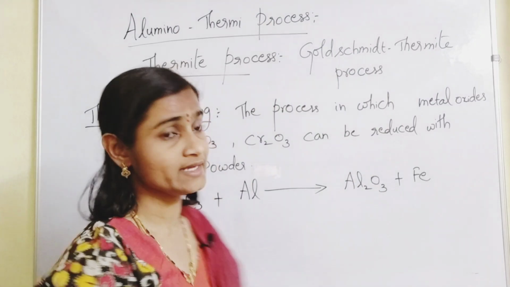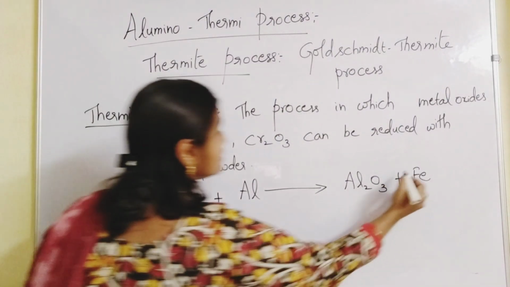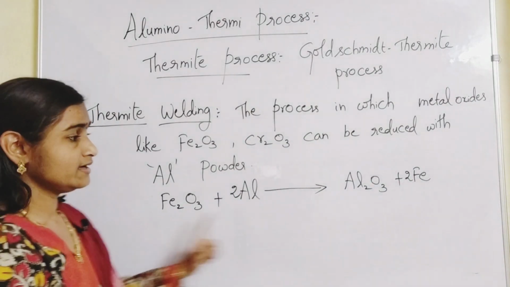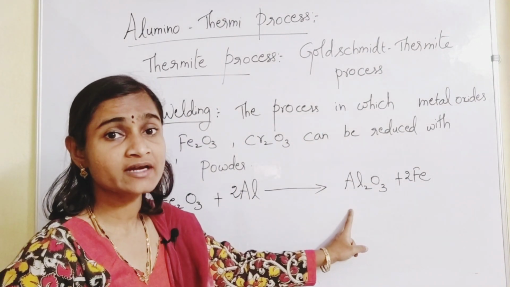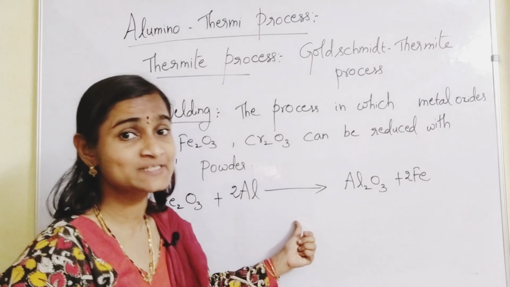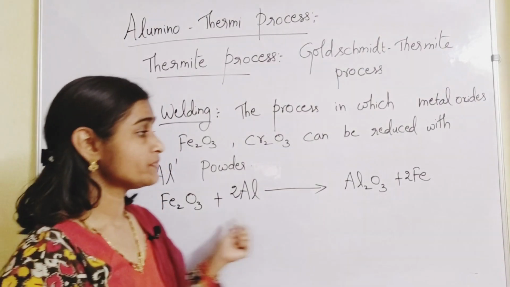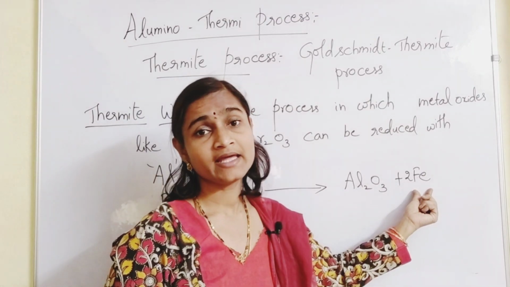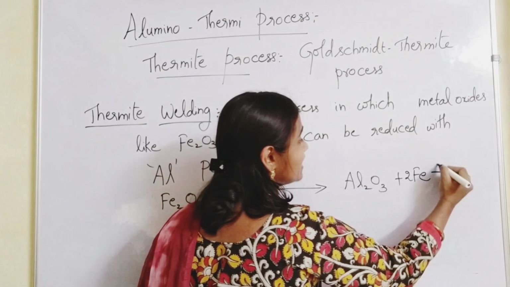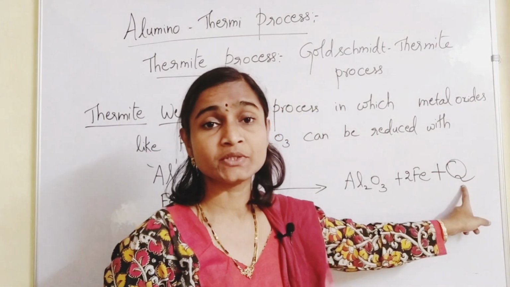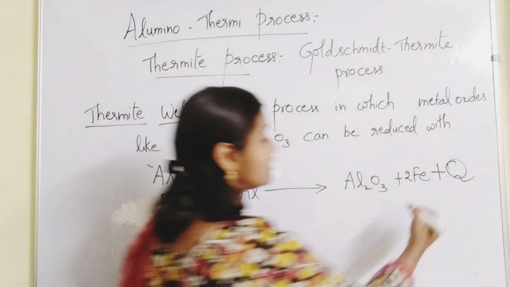Fe2O3 here, 2Fe, 2Al, right? Aluminium is more reactive than iron, so aluminium displaces iron from its ore, so that molten iron gets deposited, and along with that we have to write Q, or even you can write heat energy.